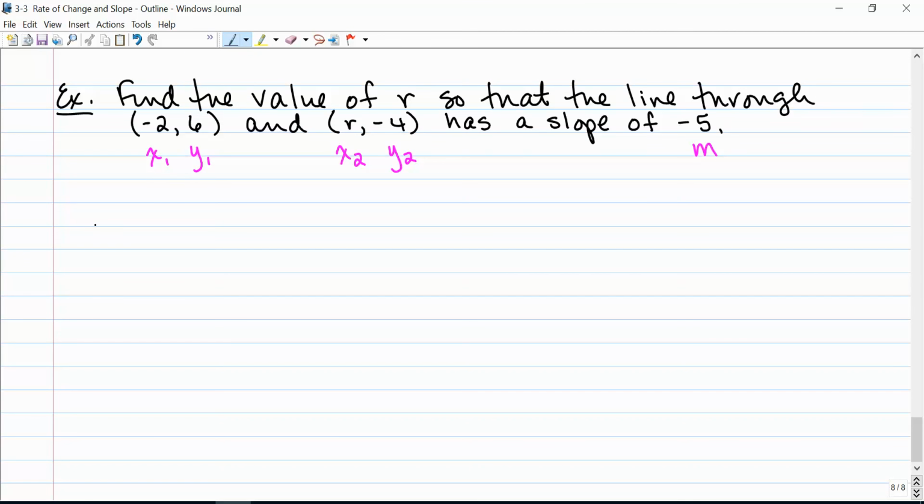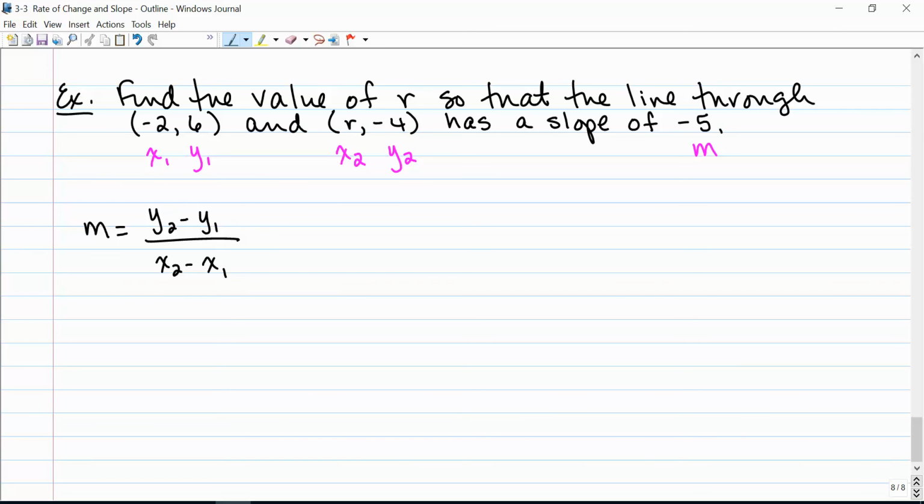So the starting point for this is going to be our equation, or a little formula for finding the slope of a line. And notice that I know what m is, I know what y2 is, I know what y1 is, I don't know what x2 is, that's my r, and I do know what x1 is.